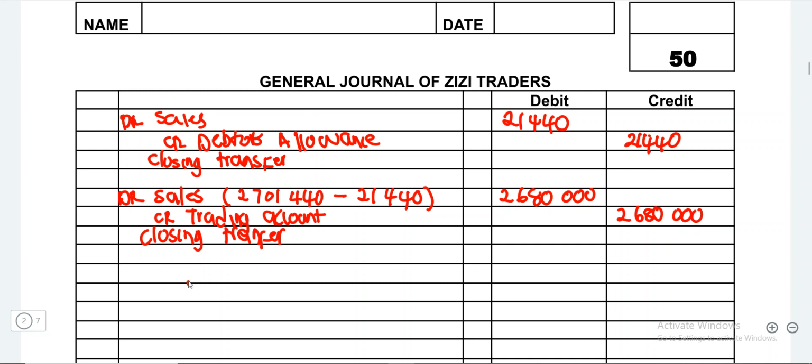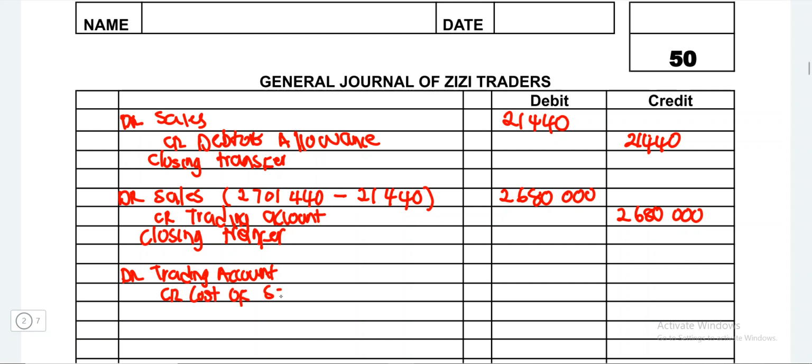What was normally debited is credited. So we're going to say debit trading account, and then we credit cost of sales.